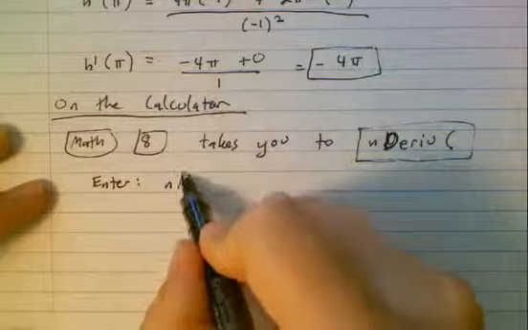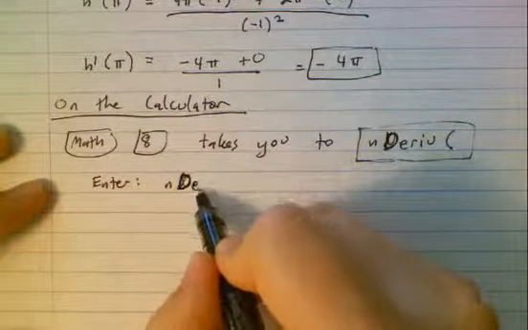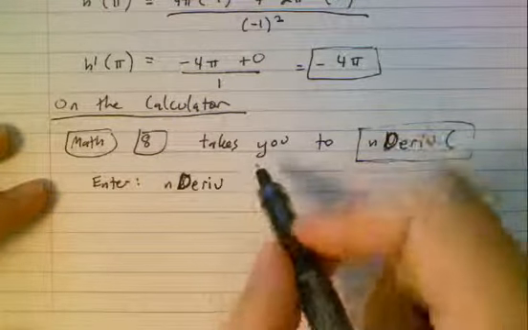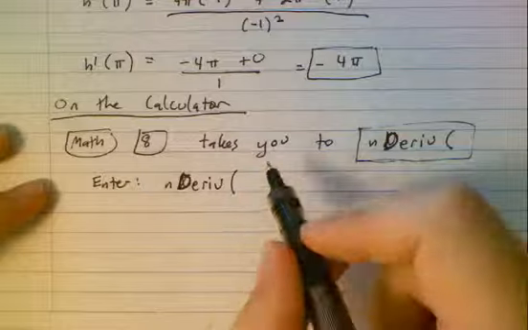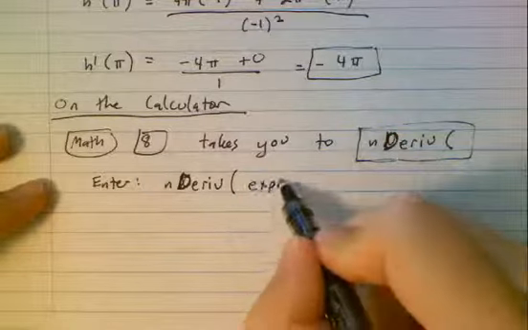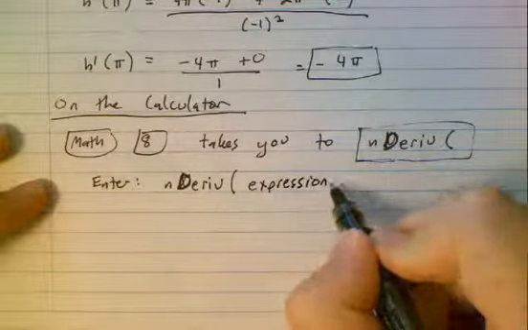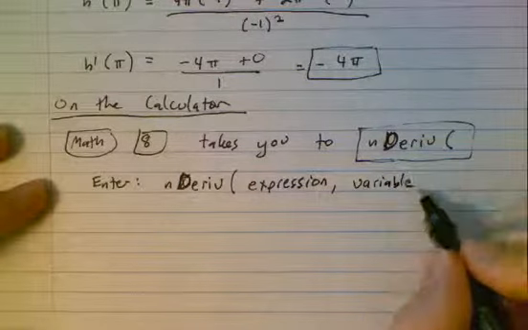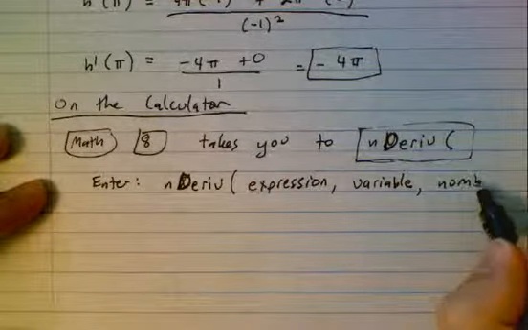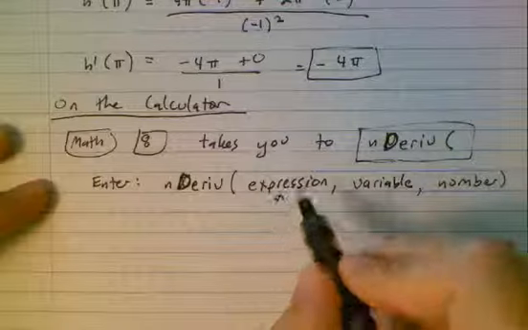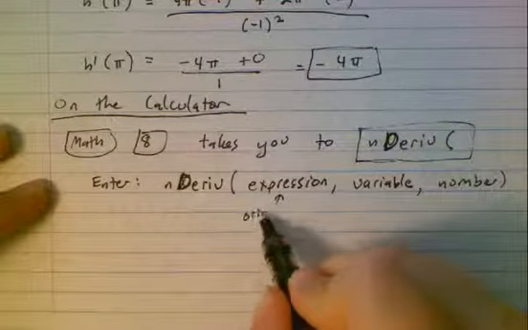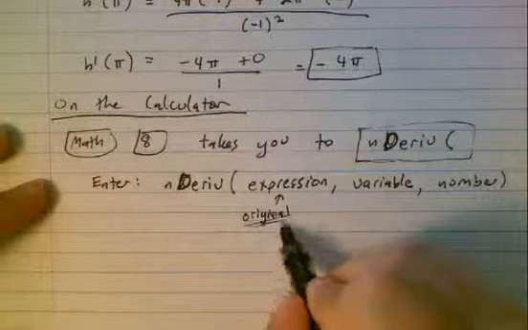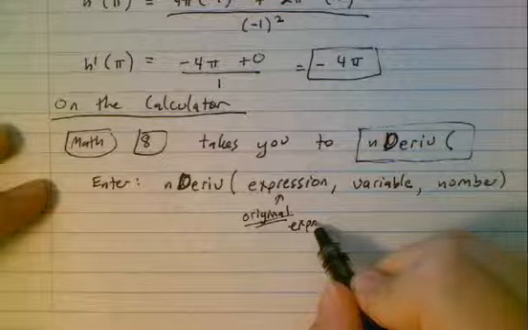You're going to have nDeriv. That's going to open parentheses for you. Then you're going to enter the expression followed by the variable followed by the number. So the expression is the original expression.